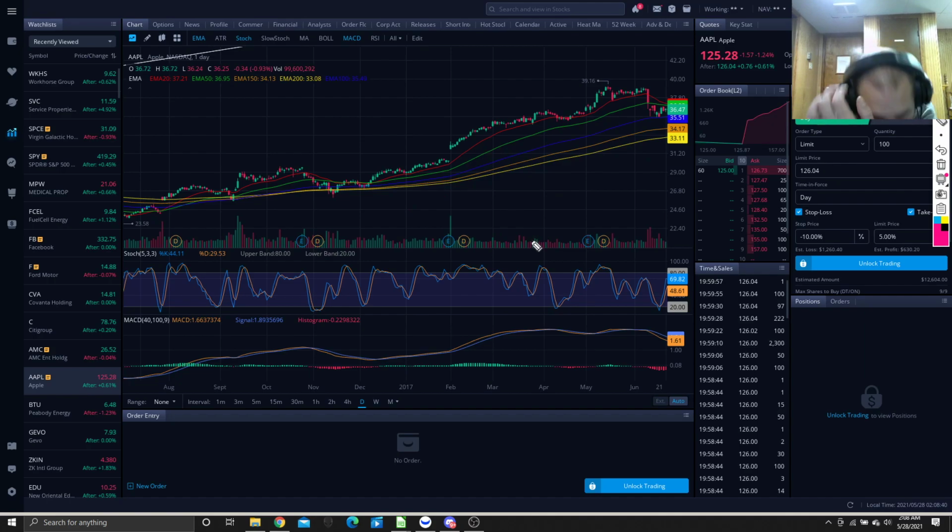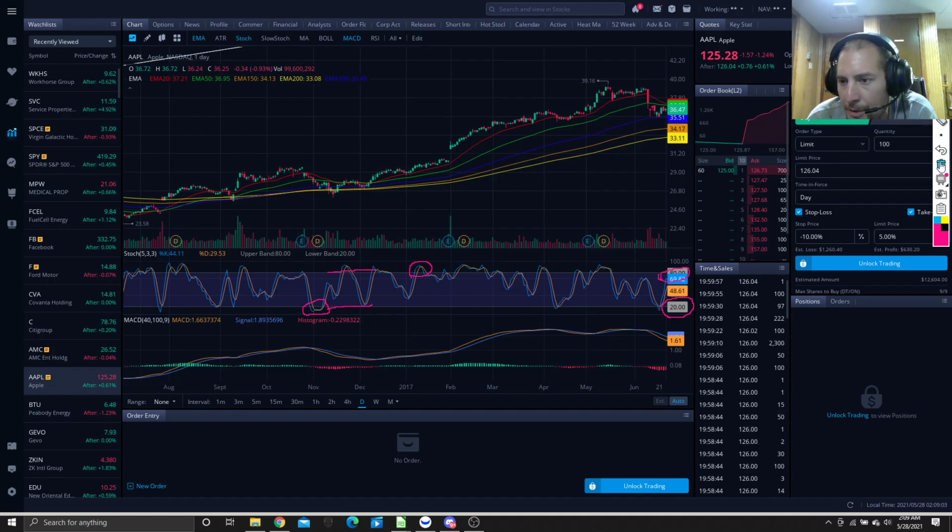But specifically for this strategy, we're going to focus on just the overbought and oversold levels. So price is considered oversold if it's below this 20 line here, and price is considered overbought if it's above this 80 line here.